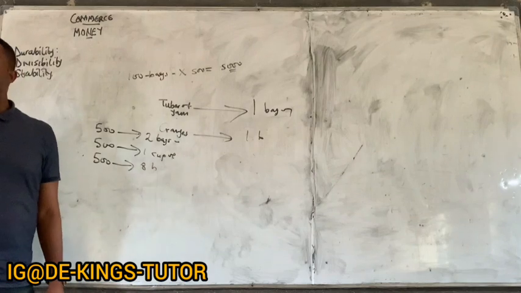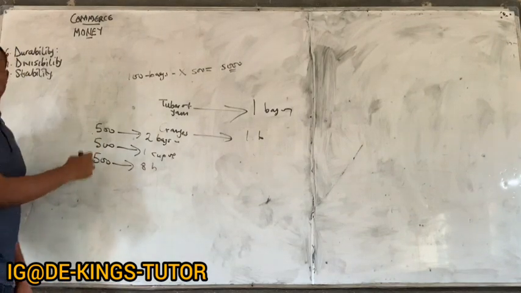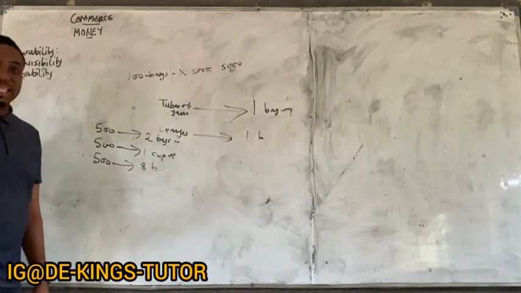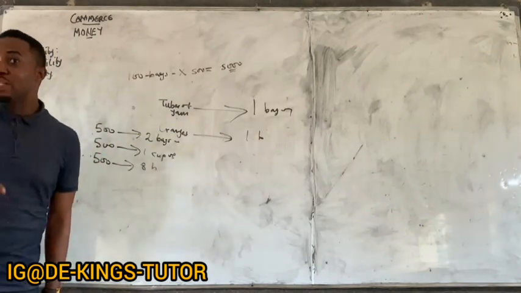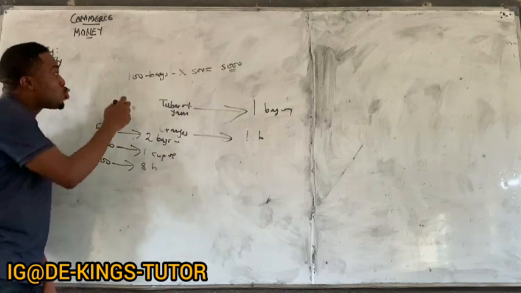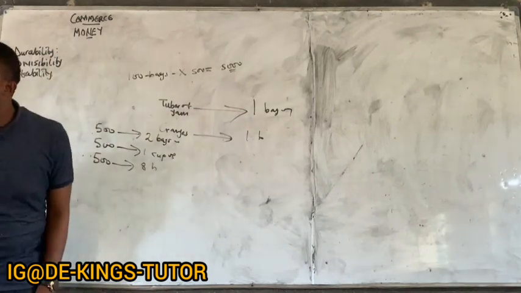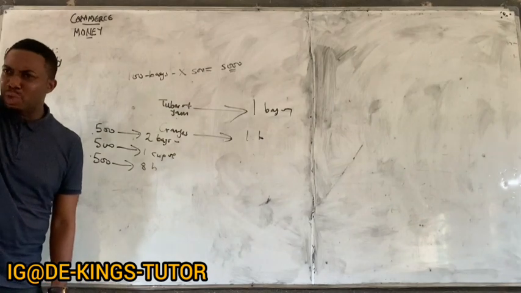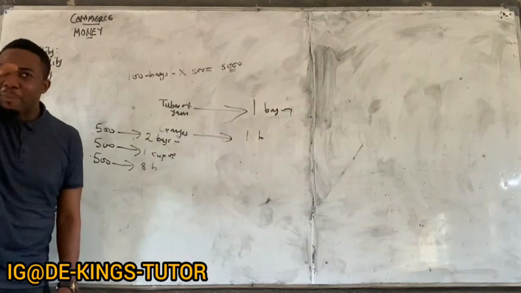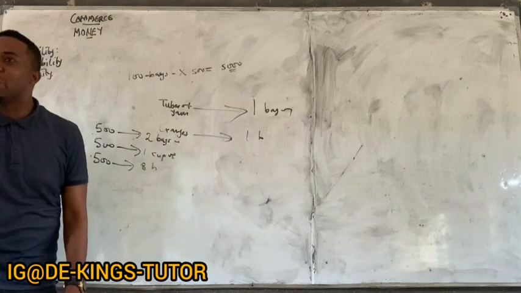But if it is not stable, if it fluctuates like this, it means that you are not certain that you'll be selling 1 bag at 500 naira again. It may come to a time whereby 2 bags is 500. So by then you can't predict your income, because it is not stable, it fluctuates.